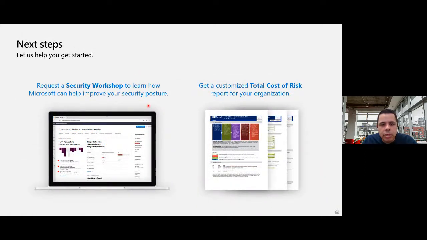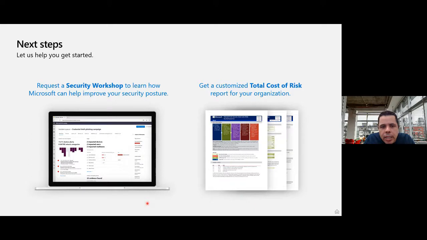So that concludes the look at each of those components in the Microsoft 365 security stack. We want to encourage you to look at some next steps. There are some accelerated workshops that we as a Microsoft partner are starting to conduct with our customers. So we encourage you to reach out to us directly or to your Microsoft rep to look into a security workshop to learn how Microsoft can help improve your security posture.